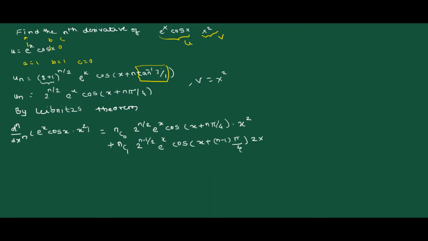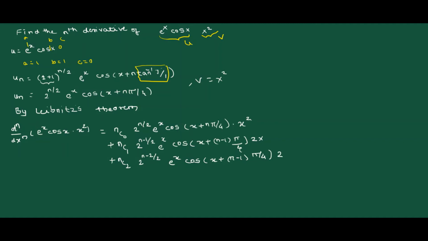Differentiation of x square is equal to 2x plus nc2, 2 raised to n minus 2, n minus 1 is over. Next you can write n minus 2 e raised to x cos x plus n minus 1 into pi by 4.